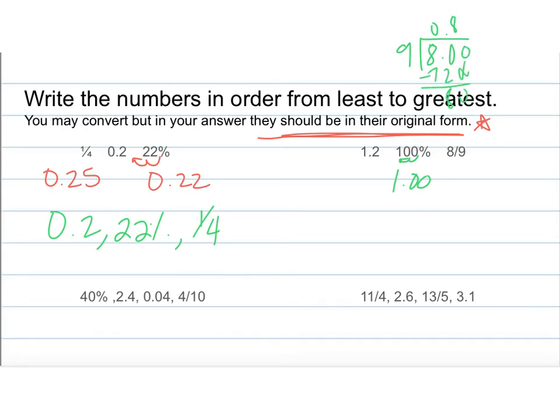Looks like we're going to end up with a repeating decimal here, 8 repeated. So our smallest amount on this one would be the 8/9. Next would be the 100%, and then the 1 and 2/10. Just thinking about where these numbers would fall on a number line.